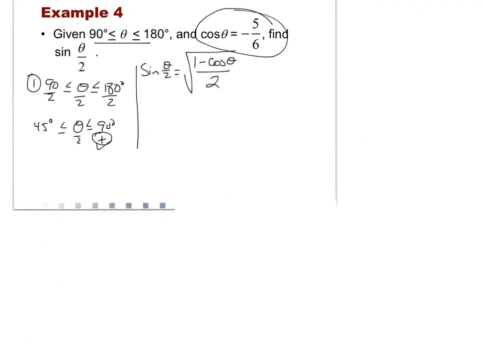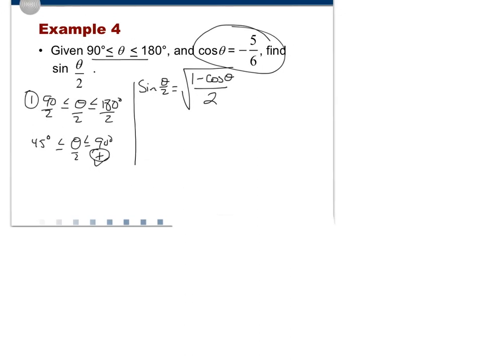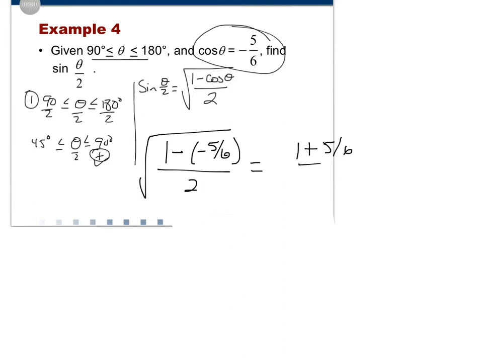I'm going to plug into our formula and work through the simplification process. So it's going to equal 1 minus, and I'm going to put this negative 5/6 in parentheses because we got a negative next to a negative. So that's going to be 1 plus 5/6, all divided by 2.